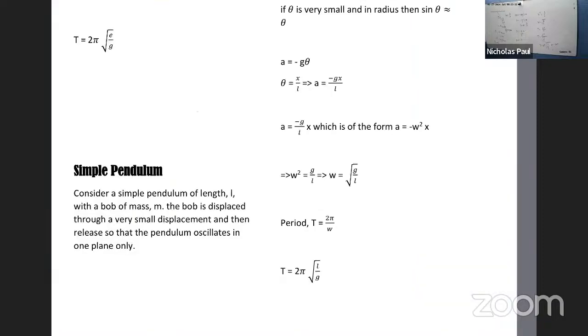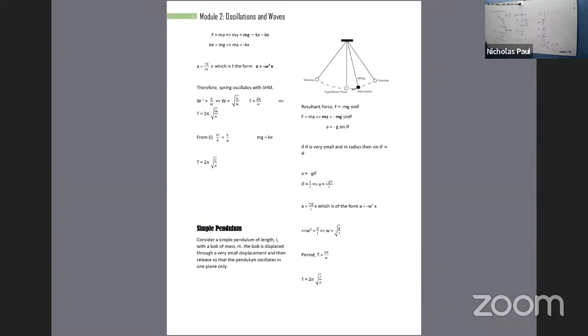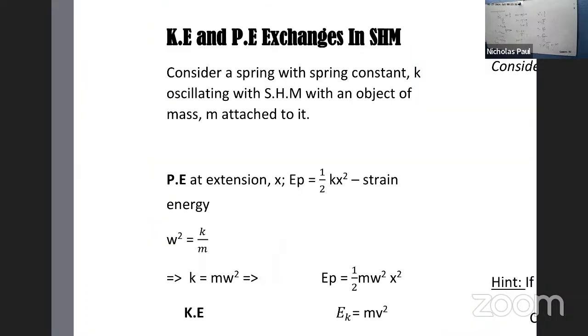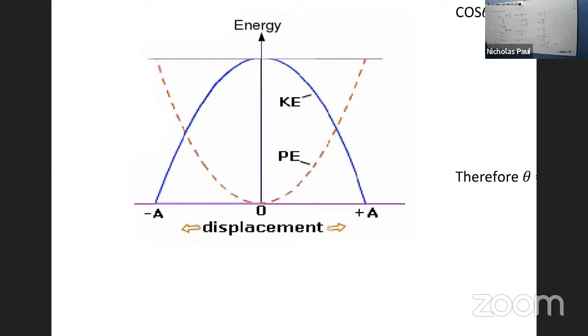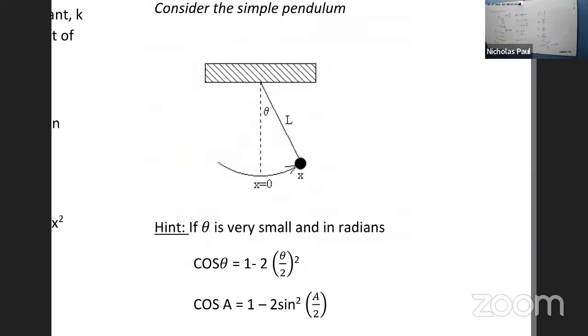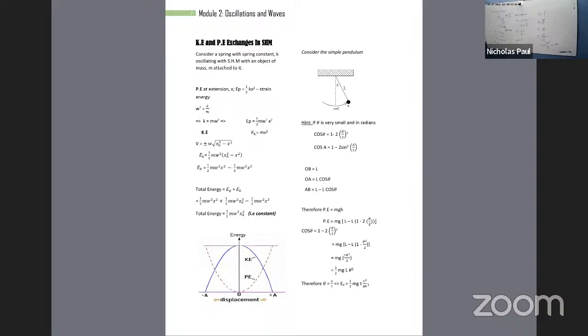All right, so everything here in the note, I want to talk about one more thing. We talked about kinetic energy and potential energy changes, and this is to show the simple pendulum.